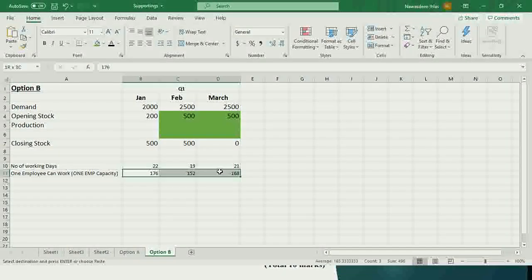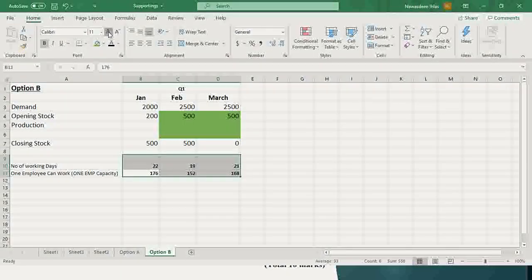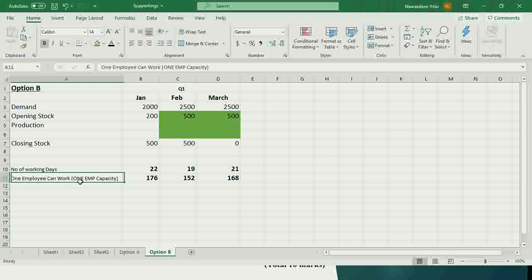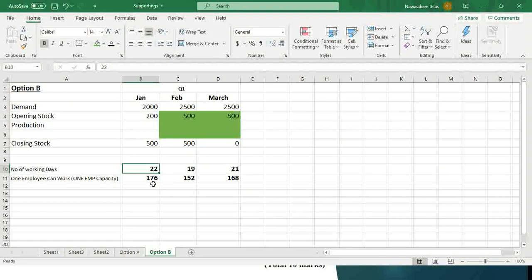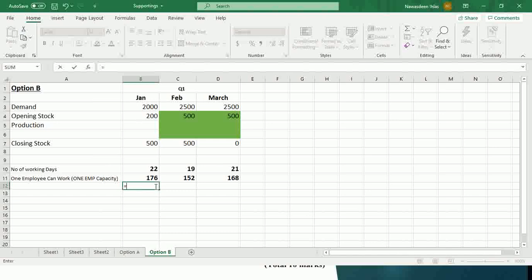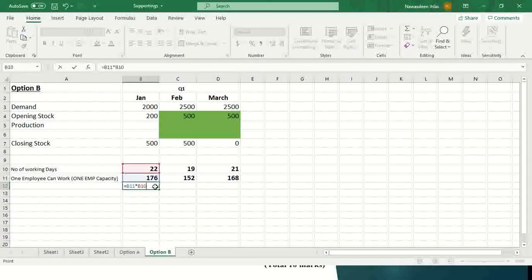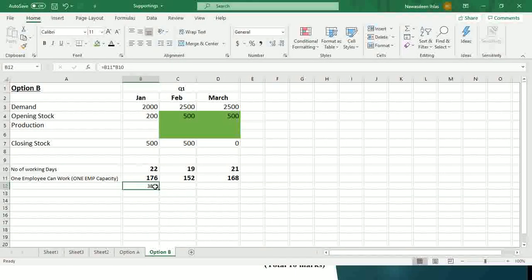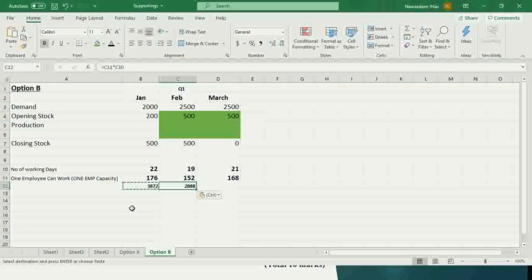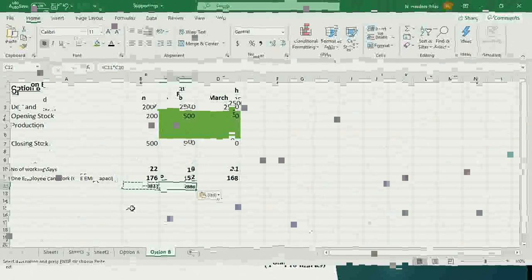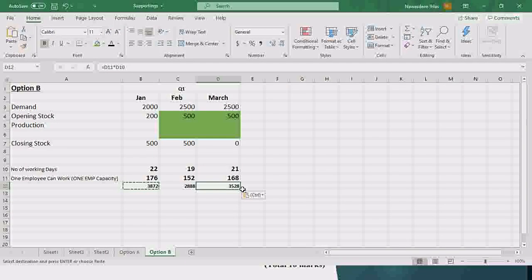In January we have 22 days, and one employee can work 176 hours, so our total labor capacity for this month will be 3,872. Likewise for February our capacity will be 2,888 hours. For March our labor capacity will be 3,528.